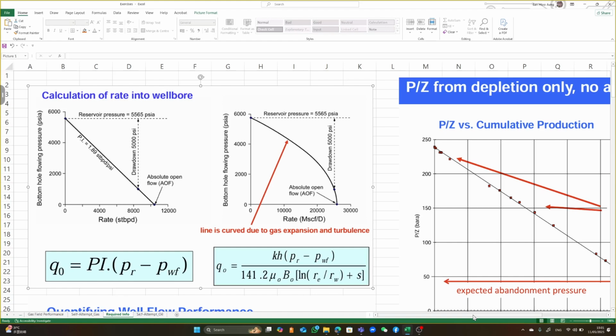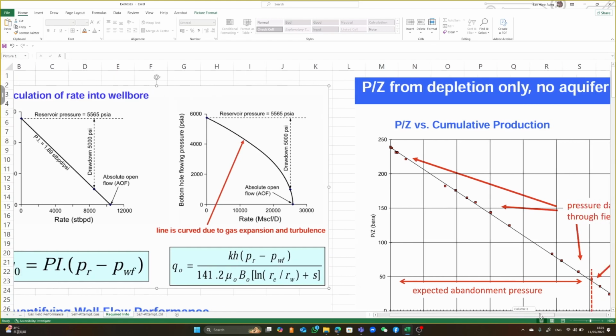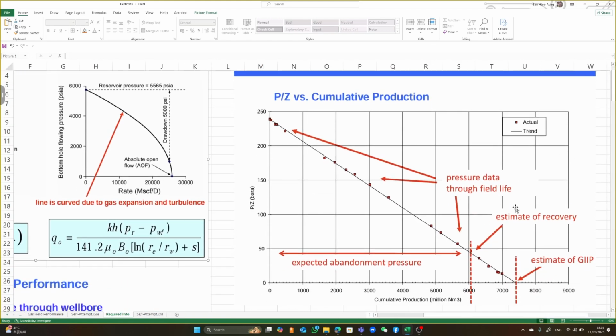So you need to know the initial reserve that is already in place, and you need to walk through after you have produced how much gas is left to produce, etc.